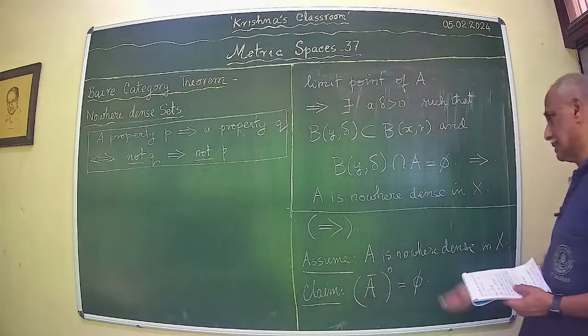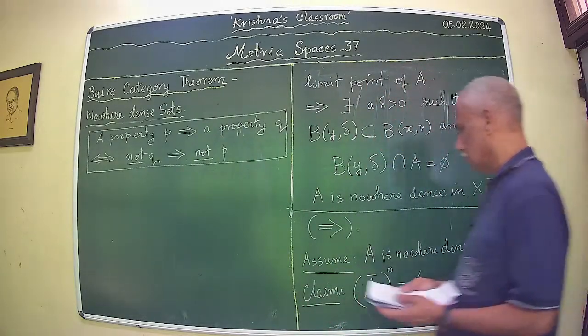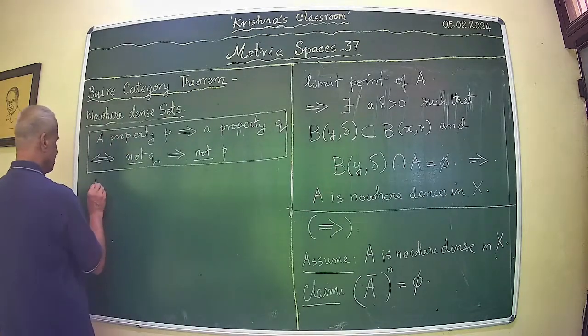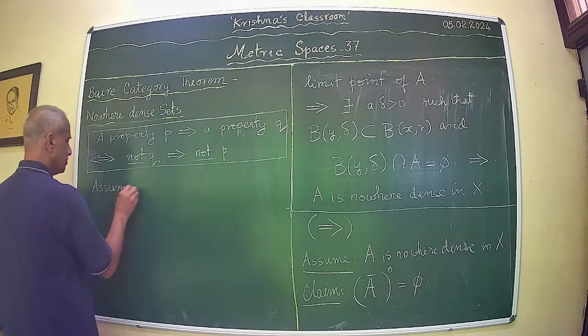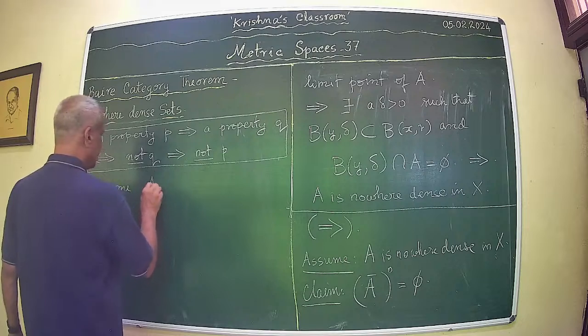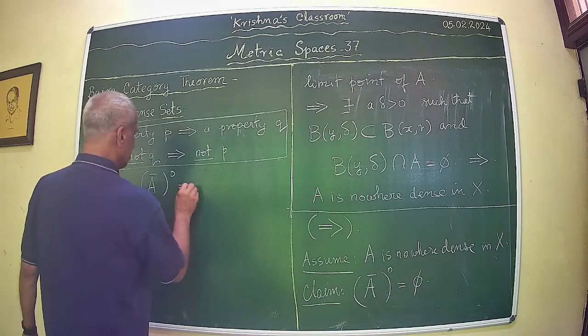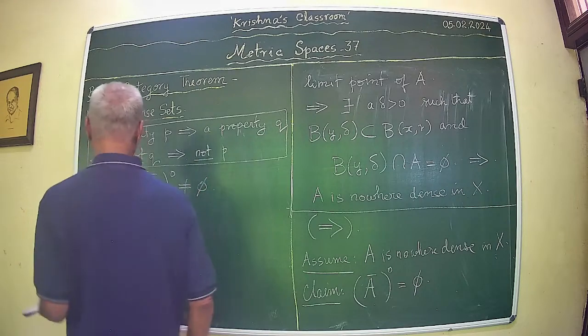Therefore, let us assume this. So now we assume A closure interior is non-empty. That's all this.